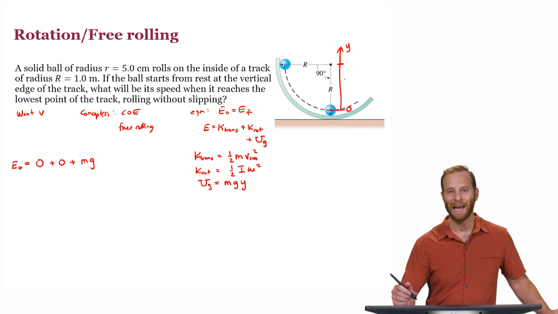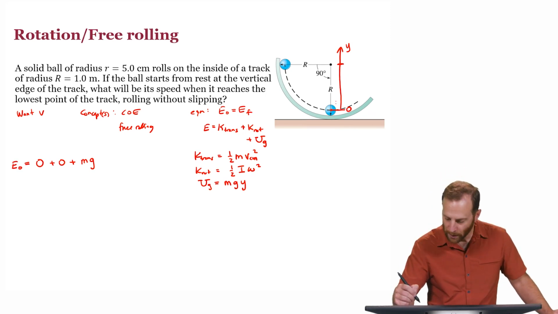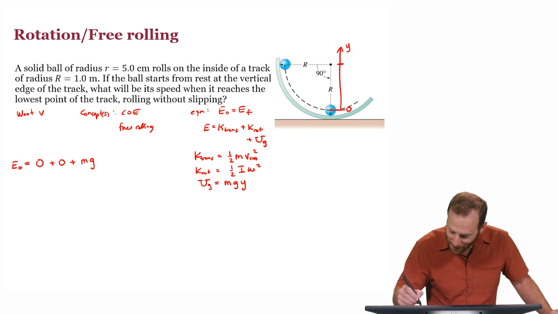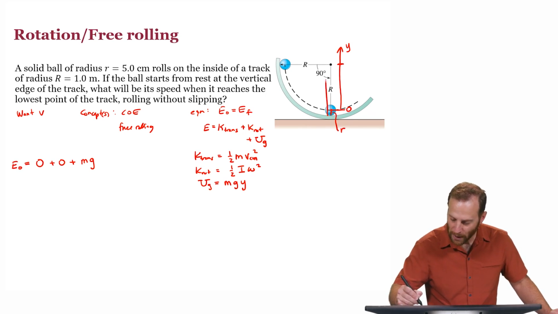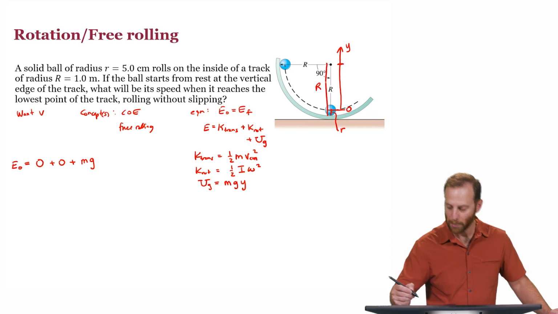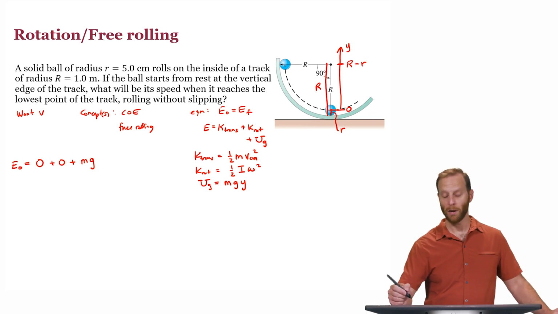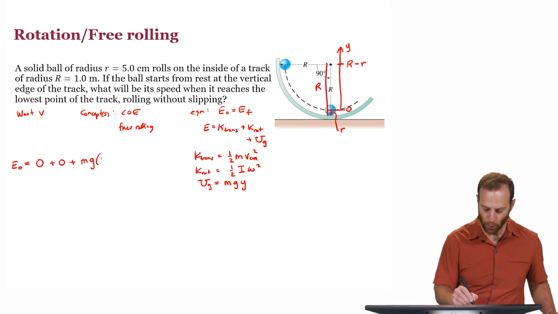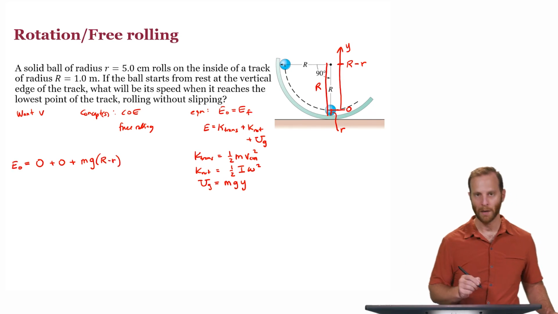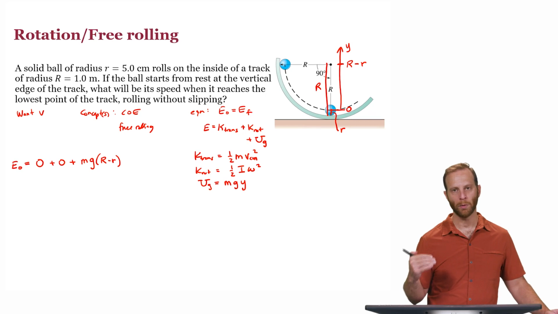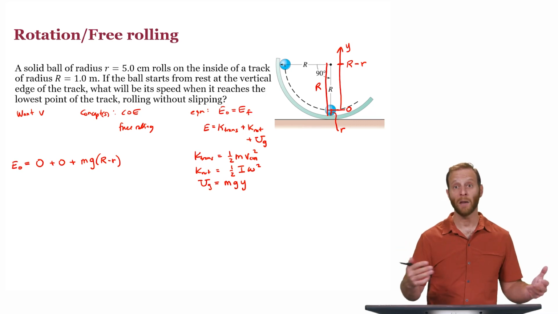Notice it is not at a height of r above 0, because the radius of the ball is little r, but the radius of this half circle is capital R. The difference between them is what we need. In other words, the initial position of this ball, as referenced from the bottom, is at a height of big R minus little r. So that is the initial y position that I need to put in. I could have put 0 at the bottom where the ball touches the track, but we would have gotten the same answer.